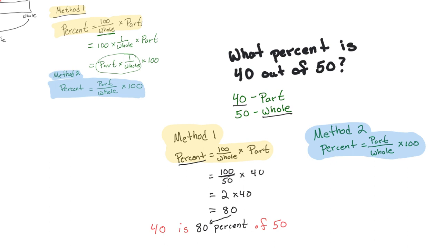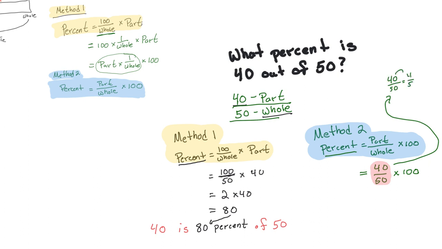Now using the second method, same problem, I'll say that the percent is equal to the part over the whole times 100, or in this case, my part, which is 40, over my whole, which is 50, times 100. So now I want to think about this fraction and what I can do with it. 40 over 50 can be simplified to 4/5.